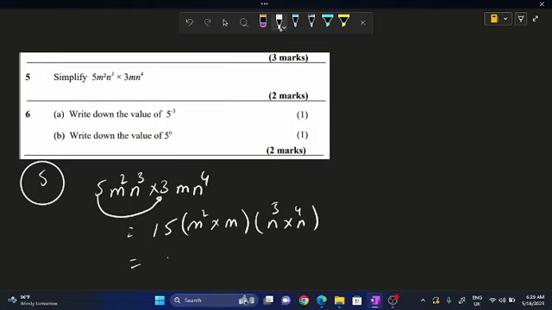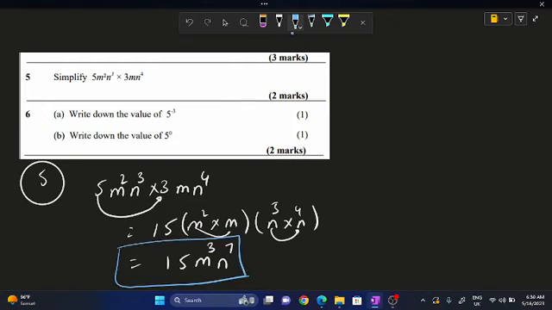So that's going to give me 15 m cube, because bases are same, m and m, powers can be added up. Bases of n are same, powers would be added up. 3 plus 4 would be 7. So your answer for question number 5 would be 15 m cube n raised to the power 7. That is the complete answer.